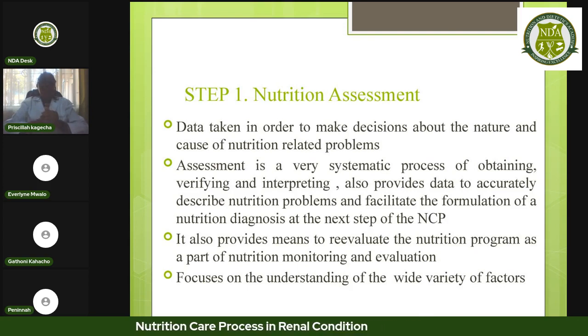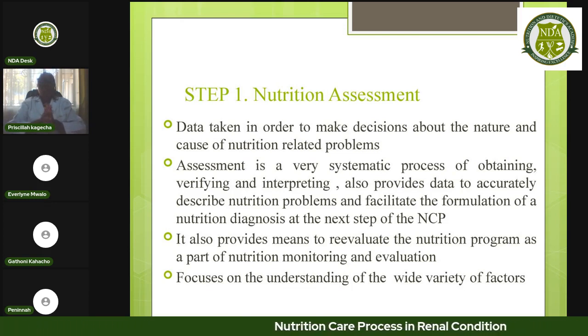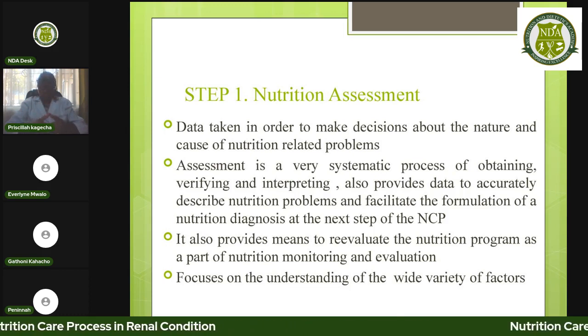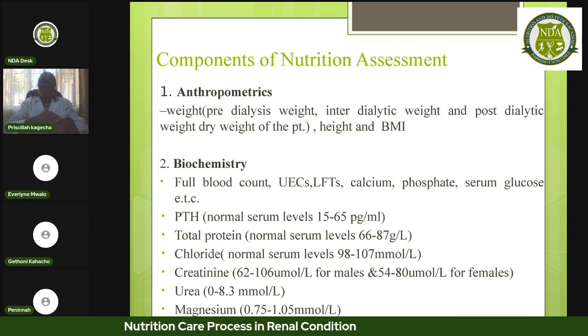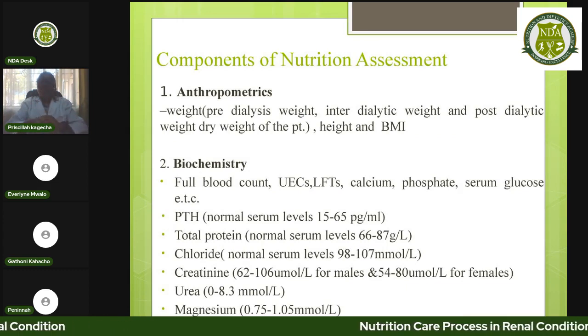Another component in assessment is the nutrition focused physical exam. This is also very, very important because it will show us the signs and symptoms of, let's say, fluid overload, or if the patient is constipated. You look at micronutrient deficiencies, maybe through the skin. You may also want to look at fat and muscle wasting through the presentation of the skin.